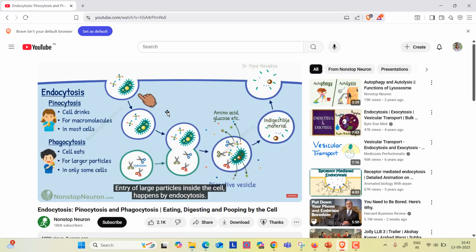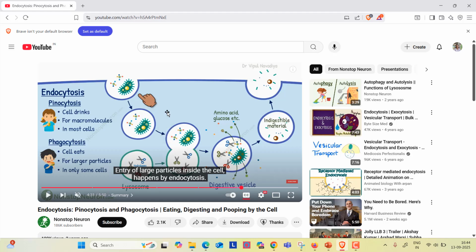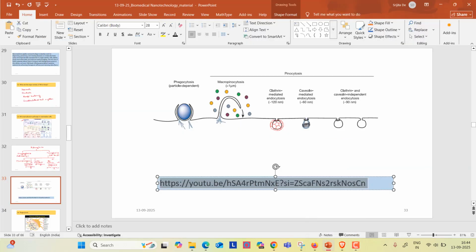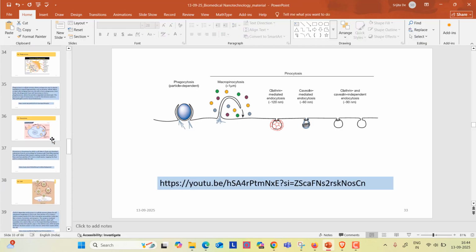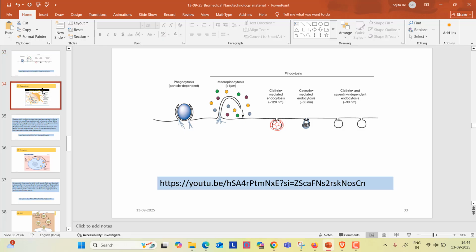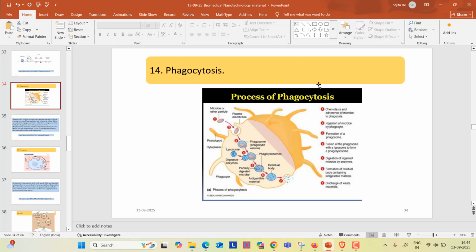You can see how beautifully this endocytosis process is explained. I hope now endocytosis and exocytosis are a little bit clear. Phagocytosis is what we have just seen in the video. This is the microbe or other particle. This is the plasma membrane. This is the pseudopod. This is the cytoplasm inside the cell.